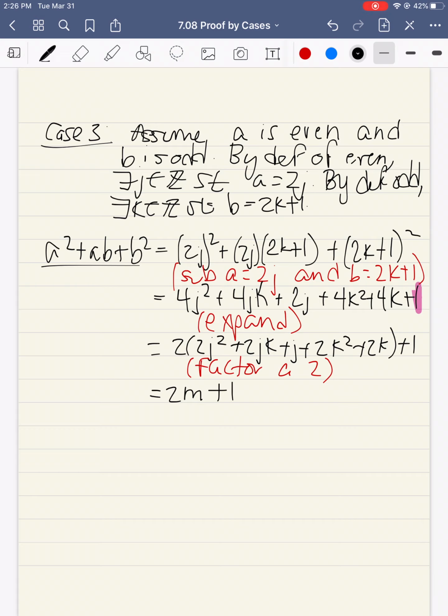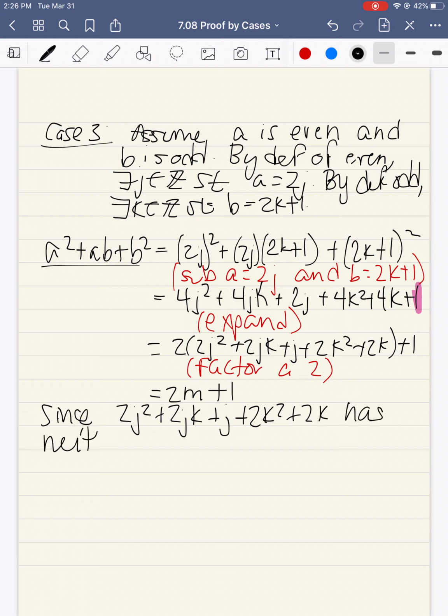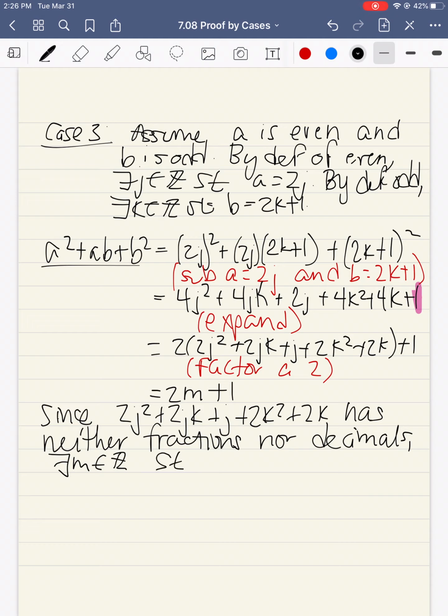Okay, so since 2j squared plus 2jk plus j plus 2k squared plus 2k has neither fractions nor decimals, there exists an m that's an integer such that a squared plus ab plus b squared is equal to 2m plus 1 by our definition of odd.